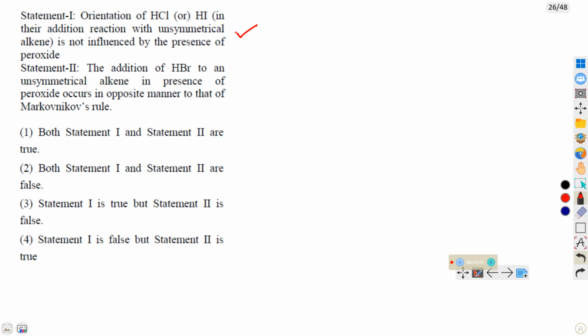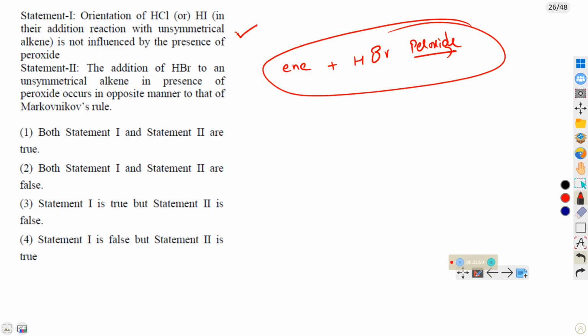In all remaining cases, HCl, HI, HCl with peroxide, HI with peroxide, Markovnikov's rule is followed. The addition of HBr to an unsymmetrical alkene in the presence of peroxide occurs in the opposite manner to Markovnikov's rule. Correct. Both the statements are correct.